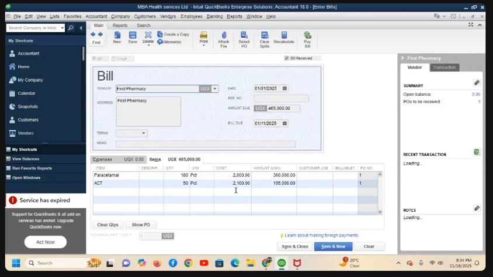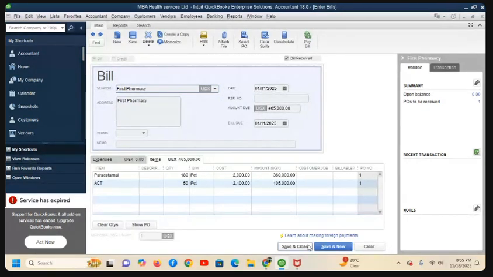These are the items I'm receiving. And when I receive like this, the moment I click save and close, the system is going to create a payable immediately. Are you getting it? Because remember, it means we have received the goods, but we have not yet paid for them.